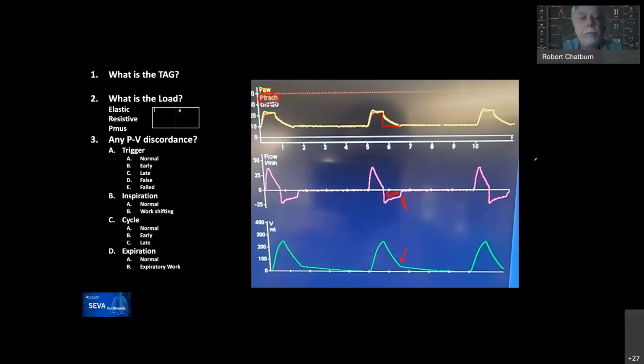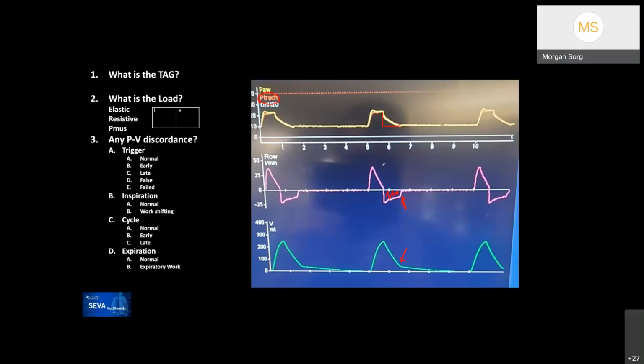Okay. I was gonna ask about the airway resistance though. Besides the malfunction, it looks like even on inspiration, the peak inspiratory flow is only what, like 30, 40 liters per minute. So I'm imagining the patient also has a high airway resistance. Is that correct?